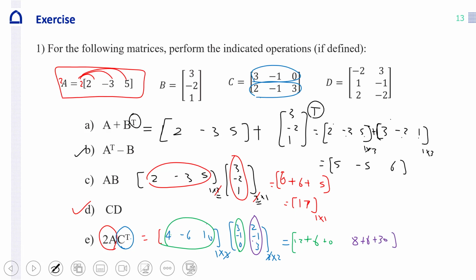Finish, close it. So 12 plus 6, 18. And here 14 and 30 is 44. So this one is 1 by 2 matrix, which I was expecting to have here. Okay.